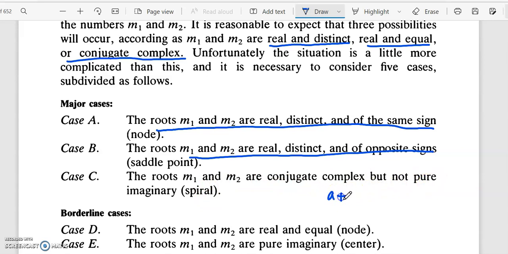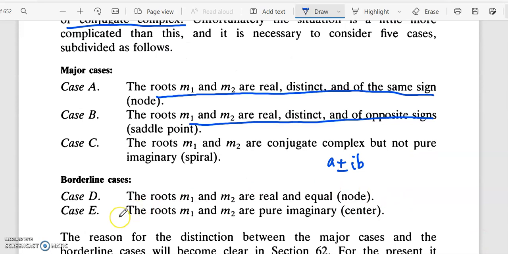It means it must be in the form a plus or minus ib. In that case, it will be a spiral. So if the roots are complex of the form a plus or minus ib, then we get the origin to be a spiral.